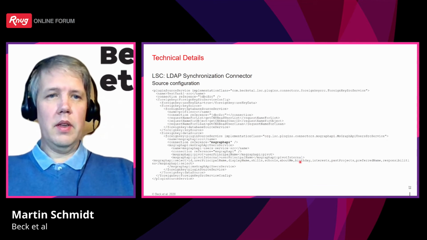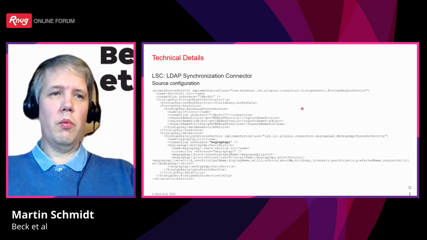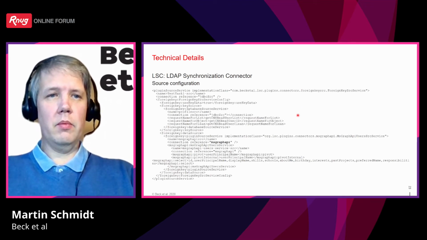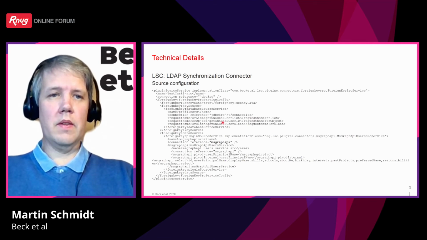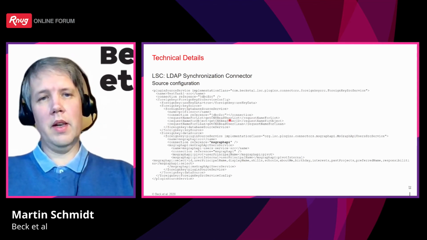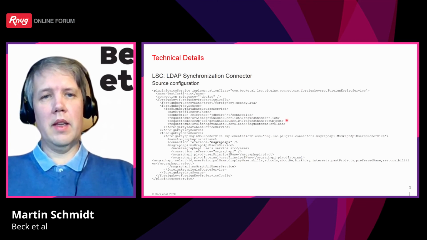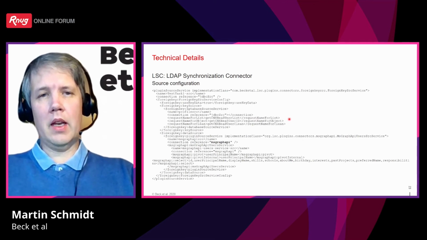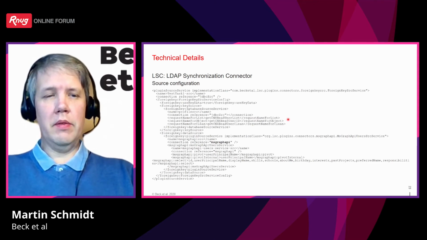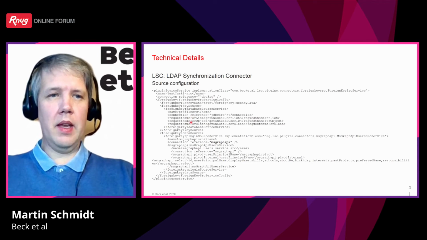The second step is to configure the source of the plugin. So where does the data come from? Here you can see I use the foreign key service configuration, and this one has two sources. The first is the key source, where the key data comes from. This is a connection to the profiles database to get each user which is active in HCL Connections and retrieve the user principal name from the database.